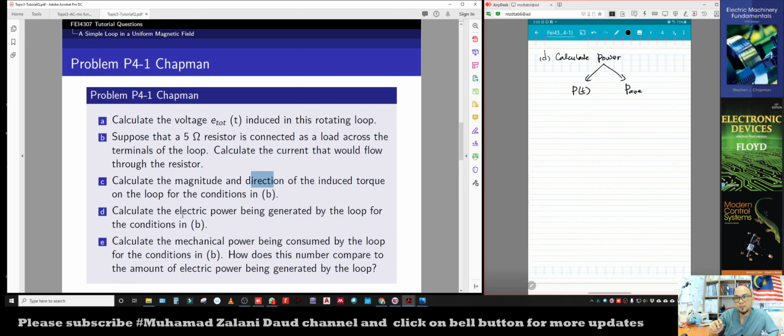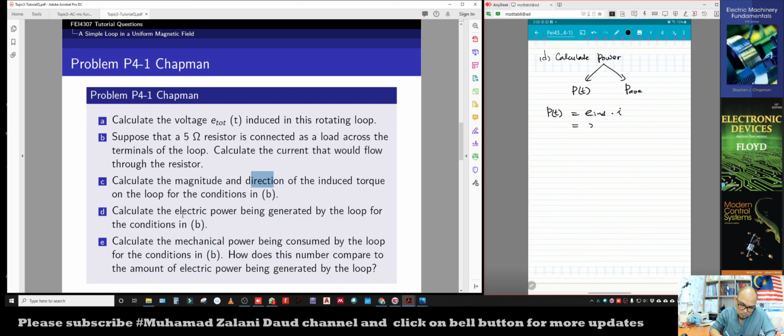In this particular question, we want to calculate the instantaneous power. To calculate it, we can use p(t) equals E in times I.